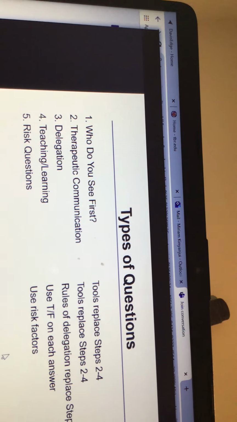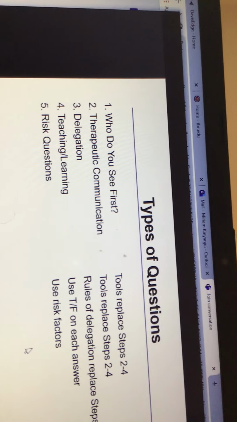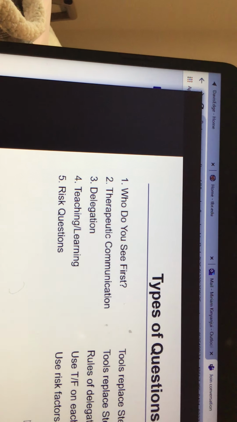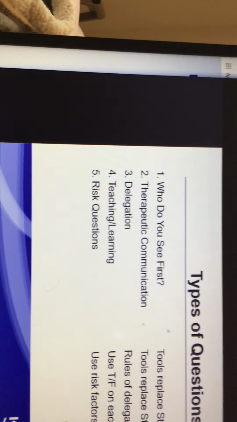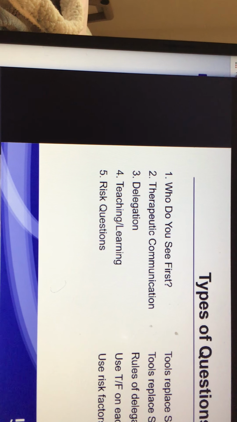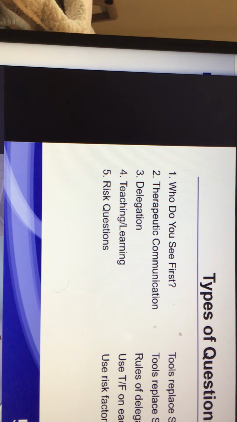Who do you see first? I know that word first is there, but that's not like what are you going to do first? That first is a priority. This first is you're going to look at a group of people and which person are you going to go to first.